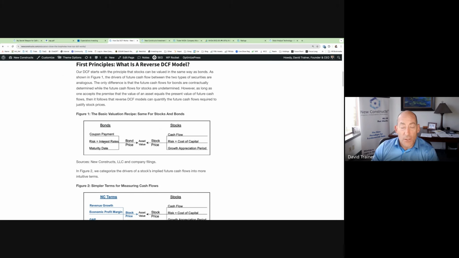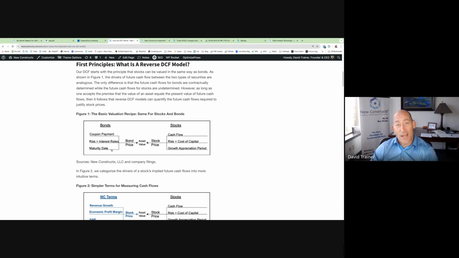We know the risk to those cash flows, the interest rates. That's what you discount those coupon payments by. And we know the maturity date, or the duration or the horizon over which we expect to get those cash flows. So it's a pretty straightforward discounted cash flow model. It'd be really simple for a bond. That's why we get a precise price for bonds in markets all the time, and people can calculate those.